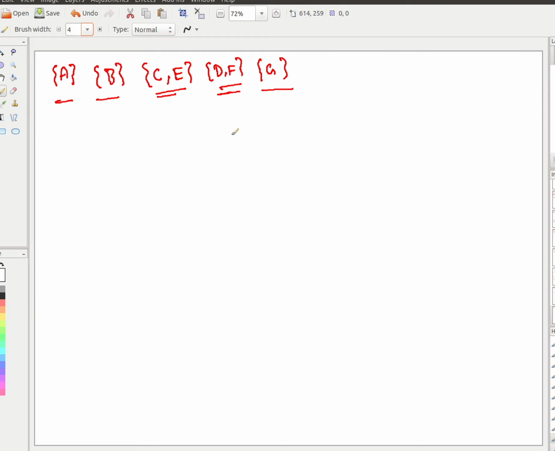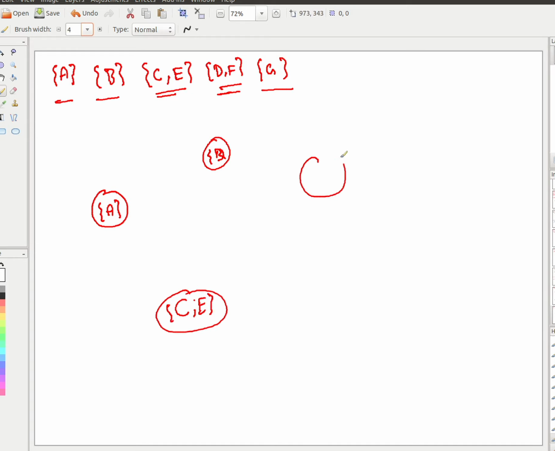correct? Now, the minimized DFA algorithm says that after finding this partition block, you create a state for each of these blocks. So what you're gonna do, you're gonna find, okay, this is my A, this is my B, this is my C and E in a single block as a state, this is my D and F, and finally G. Correct?